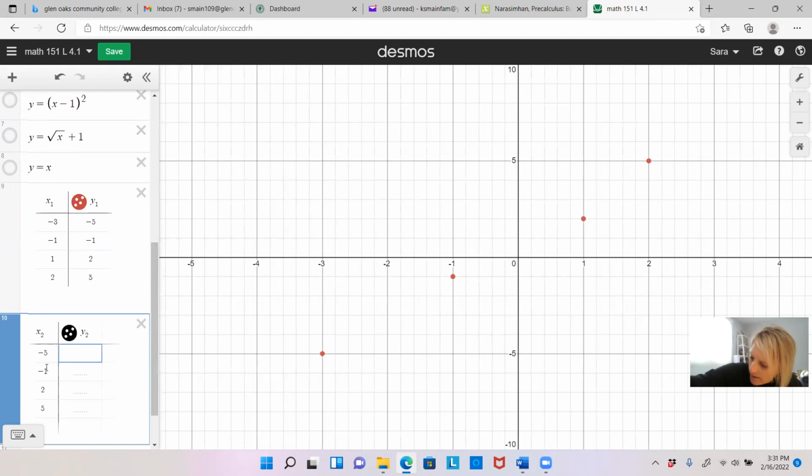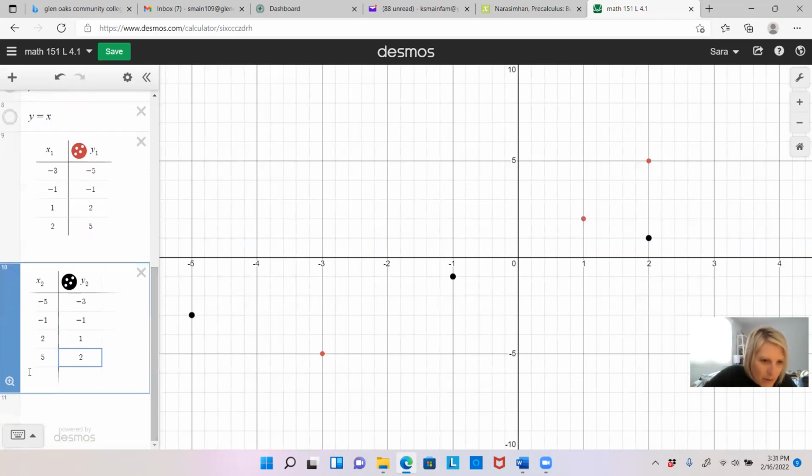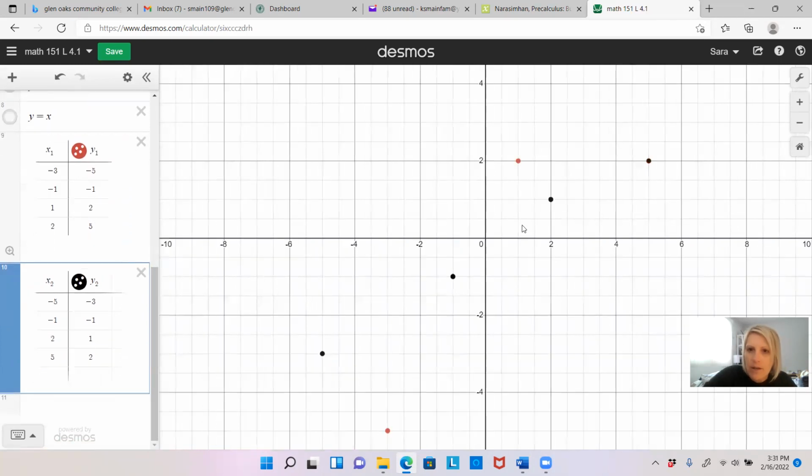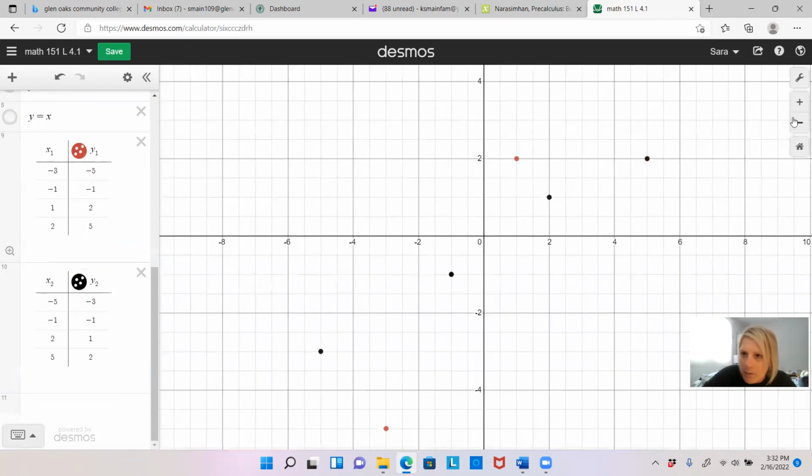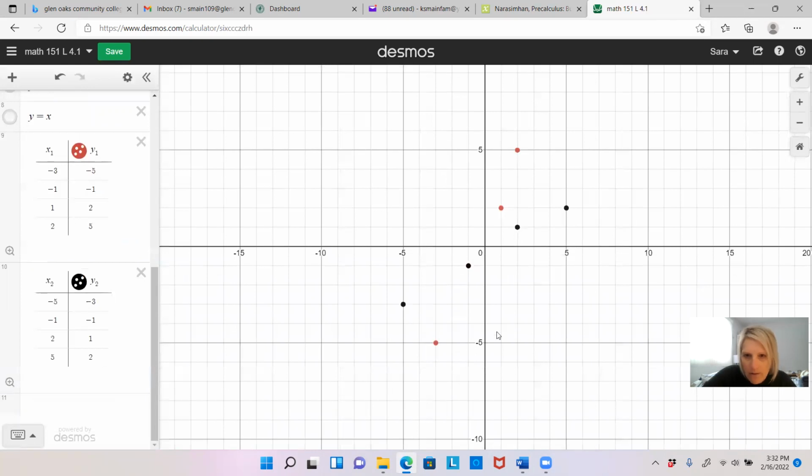And my y's are -3, -1, 1, and 2. Okay. And they look kind of funny. So this is cool. I'm going to hit my magnifying glass so I can see them better. Okay, so there they are. And I'm going to zoom out a little bit so we can see all the reds and all of the blacks.